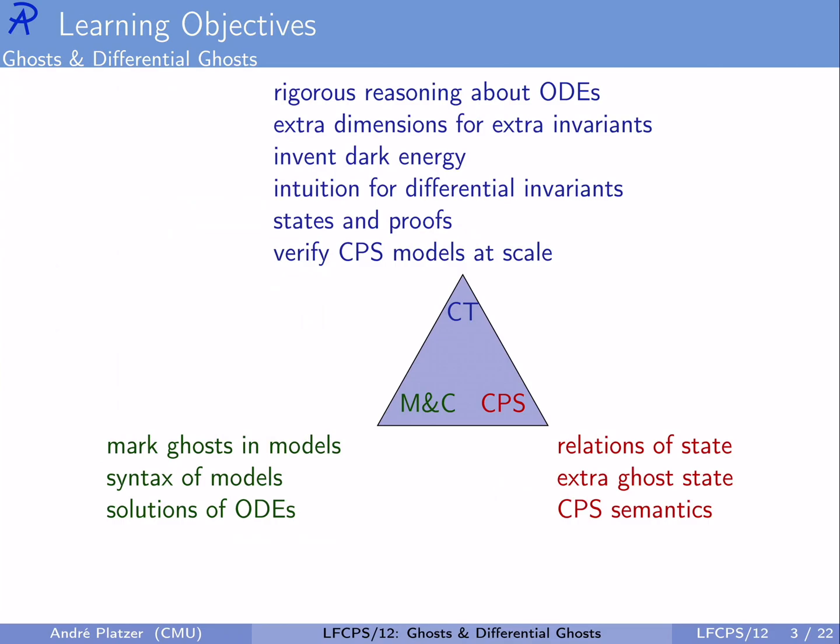A lot of what we focus on in today's chapter, however, is on the computational thinking side, even more advanced rigorous reasoning for even more complicated differential equations using extra dimensions for extra invariants, which sounds like, from a state space perspective, the most horrible idea ever invented because, well, just when you even think about the number of points that you get when gridding the state space, that grows exponentially in the number of variables by the curse of dimensionality.